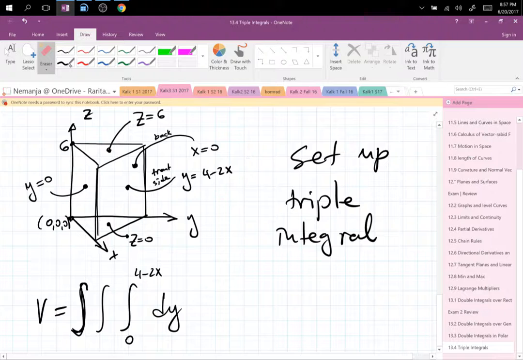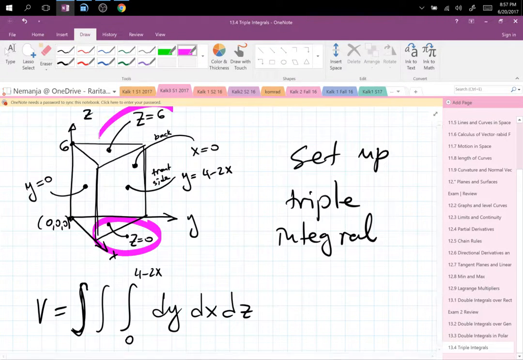The rest of the order doesn't matter, whether you're going to do dz dx or dx dz, because they both have just numbers. So dx dz is what I used. And now the outer integral z, floor to ceiling, is 0 to 6.